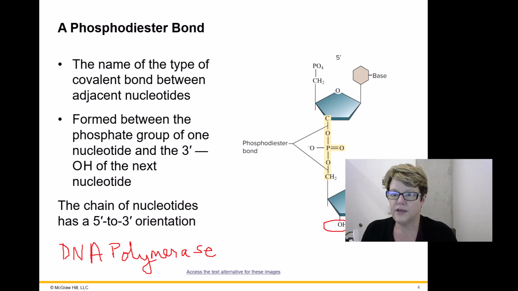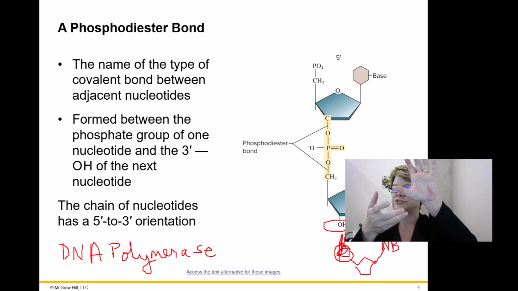And so if I had another nucleotide that has a phosphate group here, I'm just going to write P, and then attached to another sugar and another nitrogenous base, so pretend like this is another nucleotide, then this phosphate group will interact with this hydroxyl group and you can get another one attached.